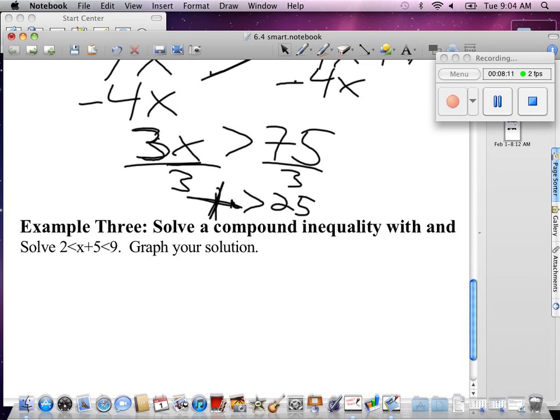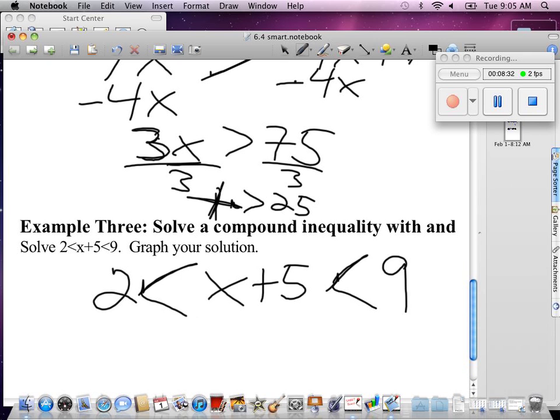We're going to solve these inequalities, and then graph them. If I've got 2 is less than x plus 5, which is less than 9, we are simply going to, how would you get rid of the 5? Subtracting it. Subtract 5 from everything. So what we do is we subtract 5 from everywhere.